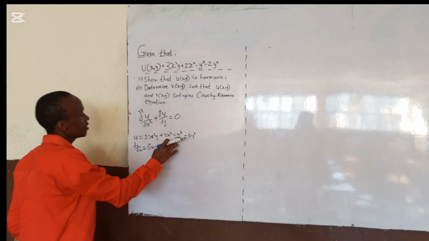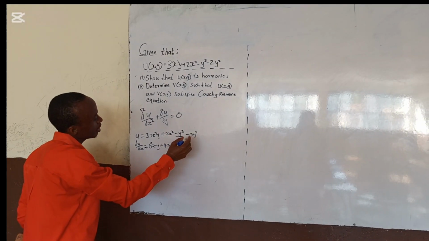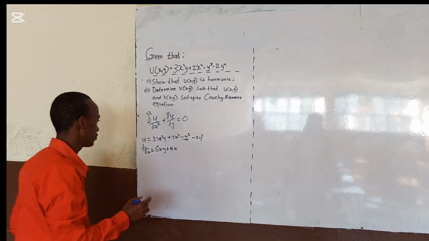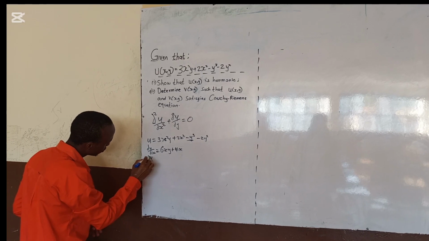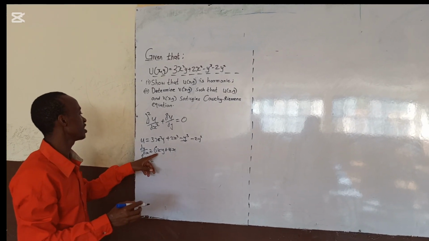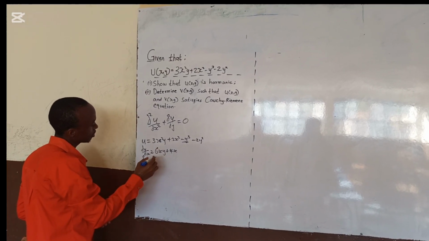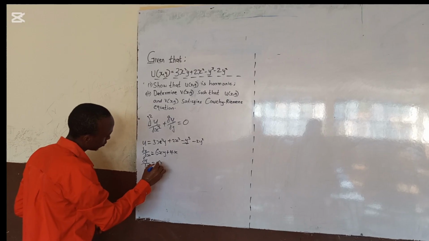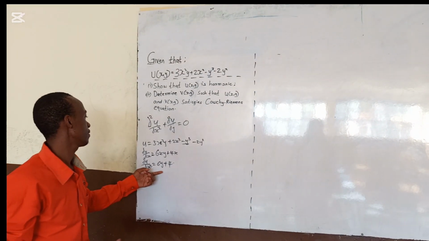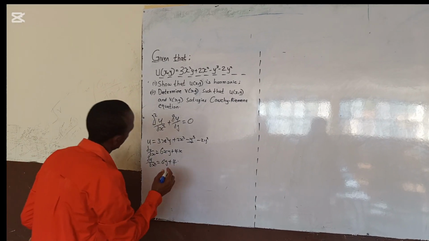Because we don't have the variable x in y cubed and y squared, those become zero. Now, the second derivative of u with respect to x: if we differentiate 6xy with respect to x, we get 6y plus 4. This is our second derivative of u with respect to x.